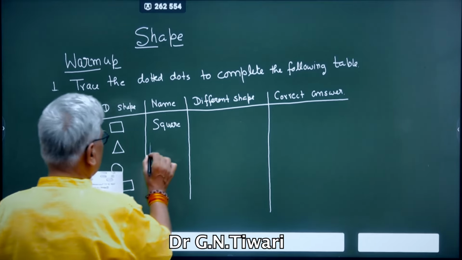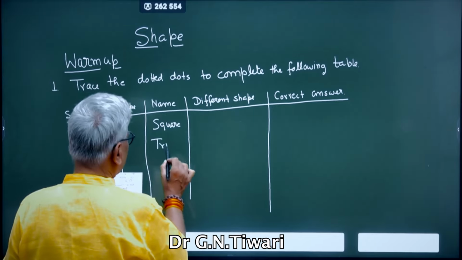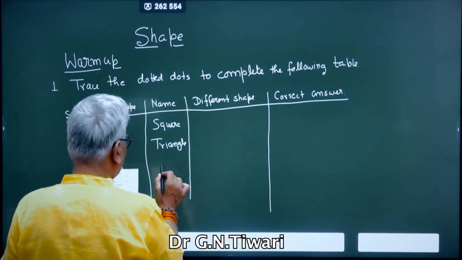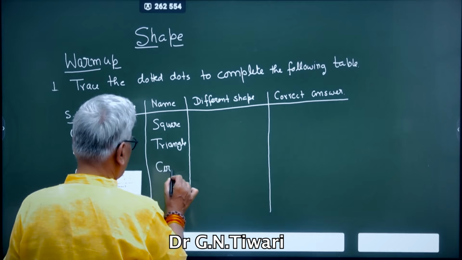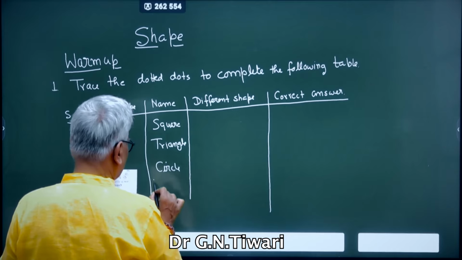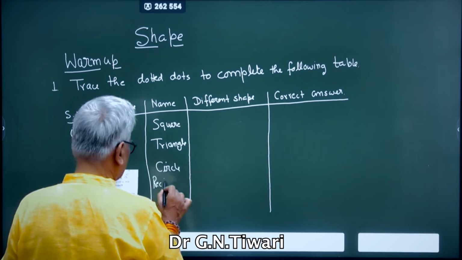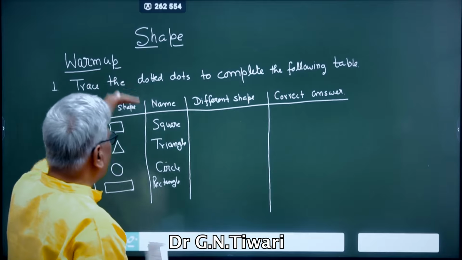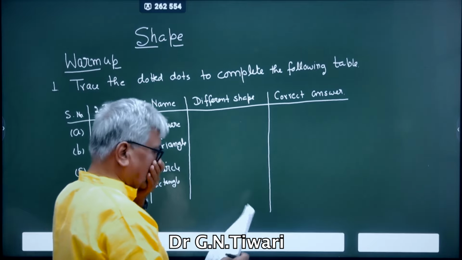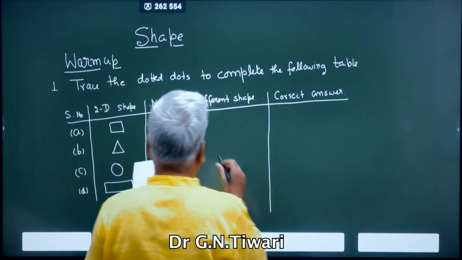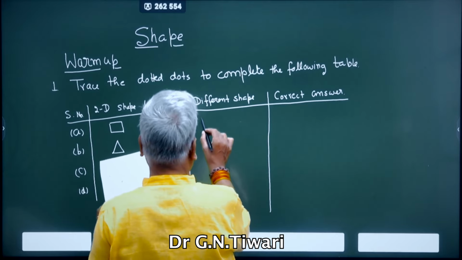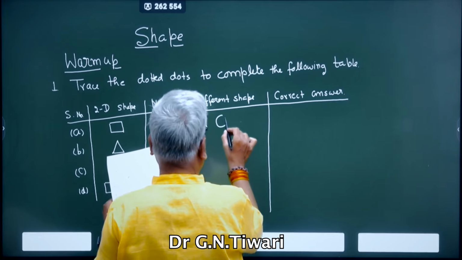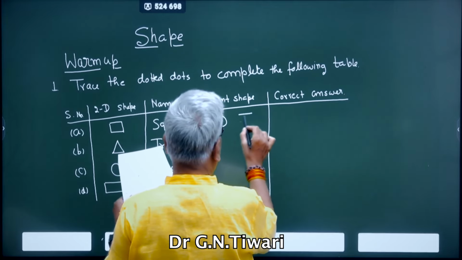Now name is triangle, this is a circle, this is a rectangle. Now, I have given this. I am here going to give you a different shape, just like triangle, circle, and the square.